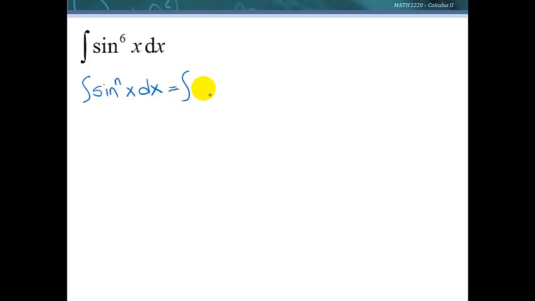So to start this, we're going to split off one of the sines. So this is sine to the n minus 1 x, and then the sine x that we're splitting off, dx. Now we're going to integrate by parts, and this is going to be our u, and this is going to be our dv.